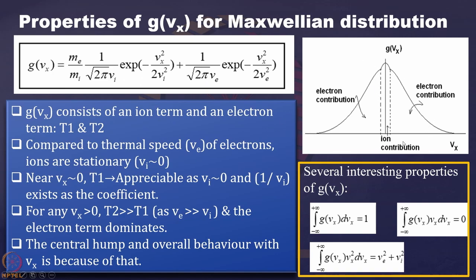So if you are in a location beyond Vx equal to 0, you will be dominated by this term only, and you can handle it with only this expression. That is Gbx equal to 1 by root 2 pi into V times exponential of minus Vx square by 2V square, and this part you can just neglect. That is exactly what we will do in our later derivation: we will neglect this part and take this part only.